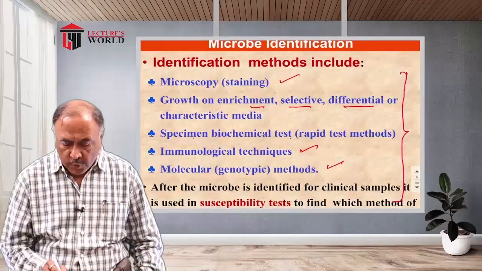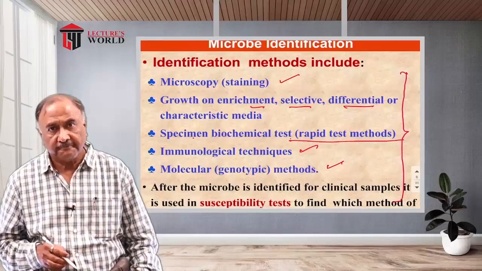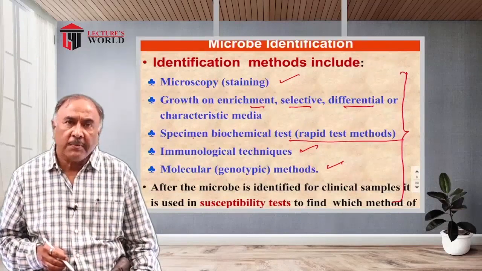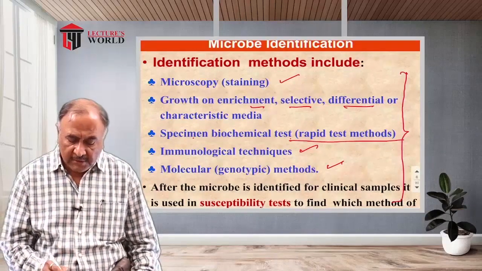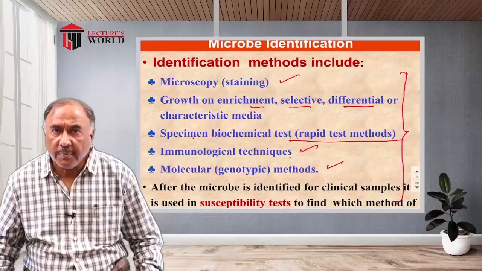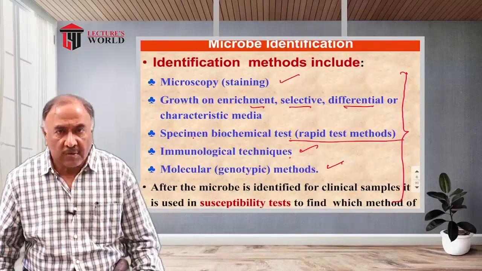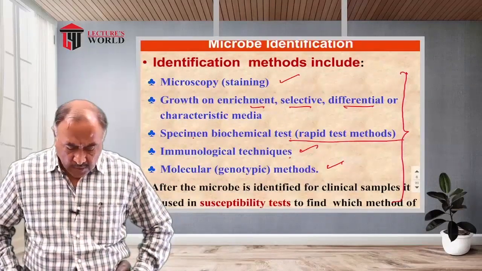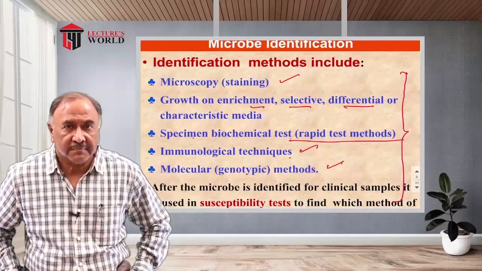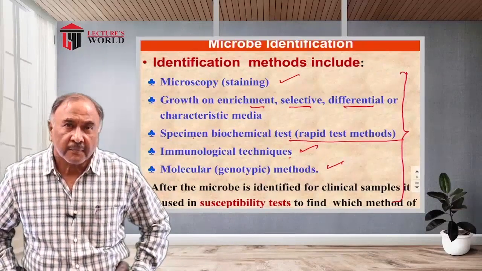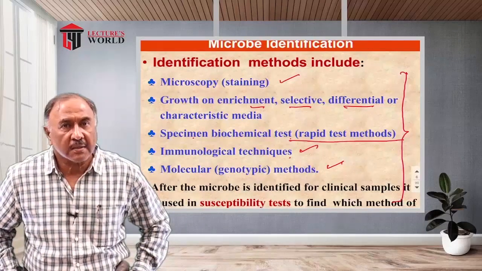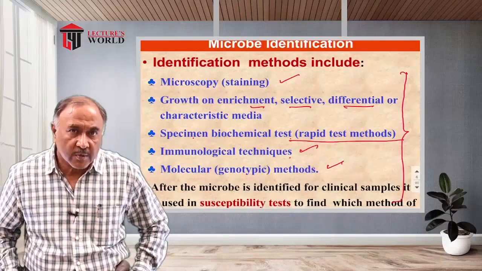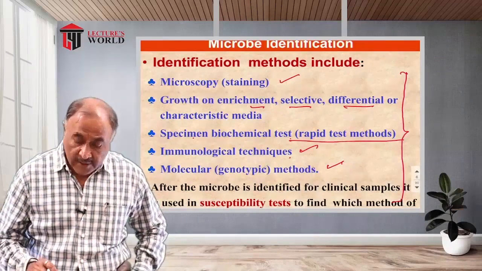This would lead to the identification of the organism. This can also be supplemented with immunological techniques or antigen-antibody reactions, what we call serological techniques. And finally, we can use molecular methods for the same. Molecular methods are, as I have told you, a bit expensive, but they are more sensitive, more accurate, and they are rapid too.